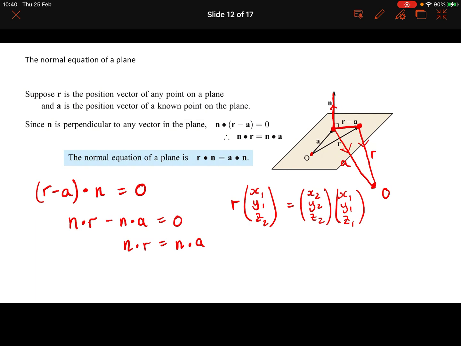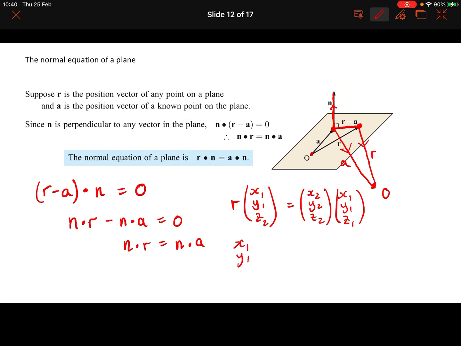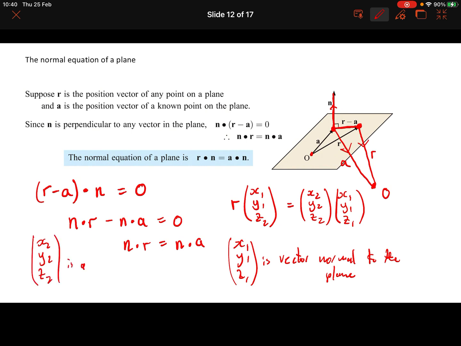Sorry, I don't know why I've done it like that. x1, y1, z1 is a vector normal to the plane. And x2, y2, z2 is a point on the plane, or a position vector of a point on the plane. Okay, I hope that makes sense.